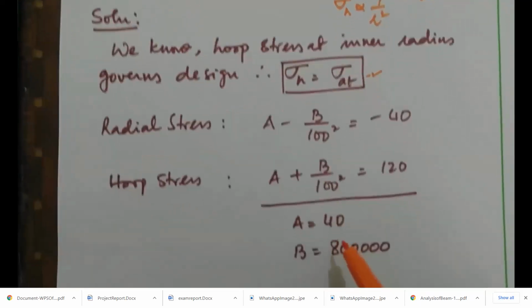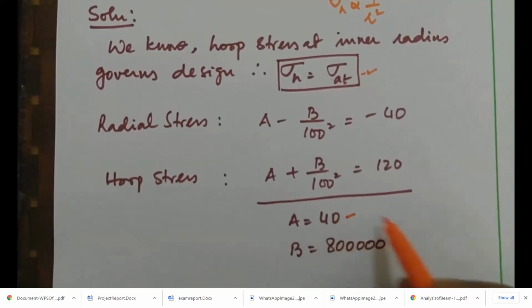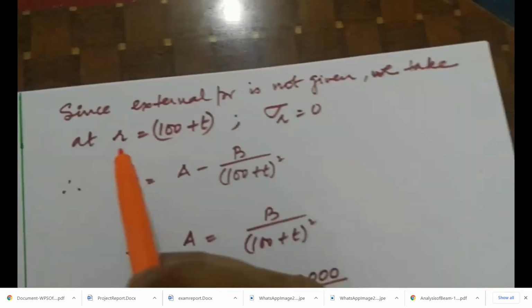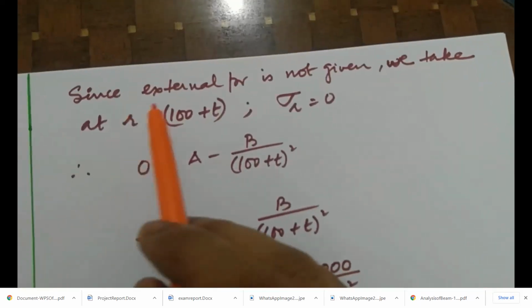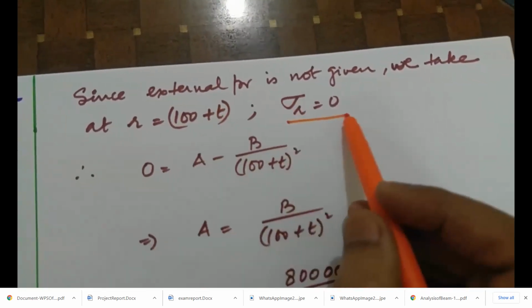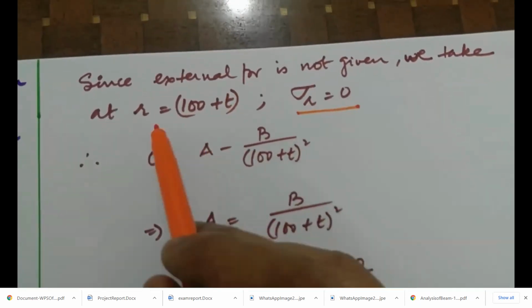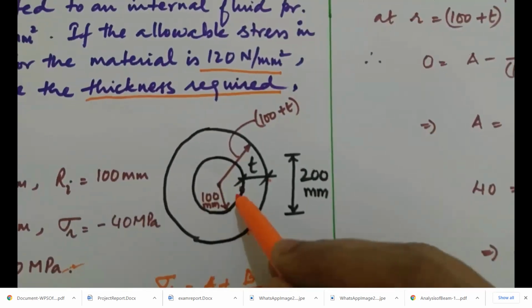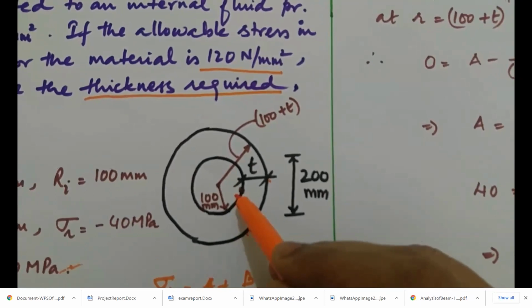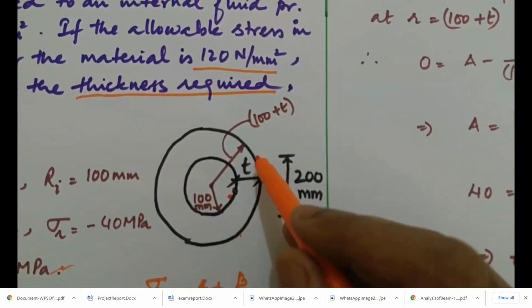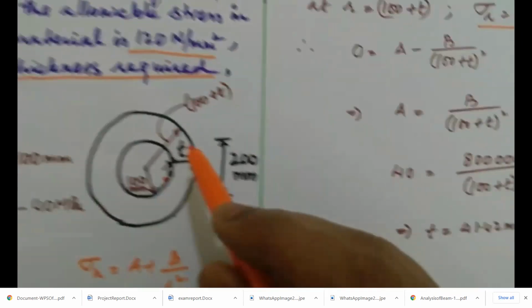So, if you solve this simultaneously, you get A is equal to 40 and B is equal to 800,000. Now, notice that there is no mention of external pressure. In such cases, we take external pressure equal to 0 at a radial distance of 100 plus T. There is an internal pressure mentioned at the inner radius, which is 40 megapascal, but the external pressure is not mentioned, in which case we take P is equal to 0.